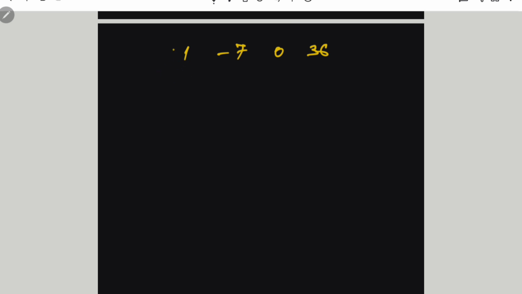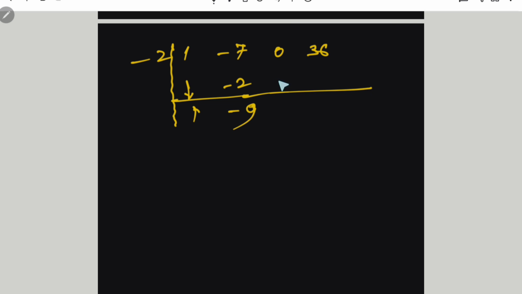Therefore, I will go directly for minus 2, suppose. 1 as it is, no change. 1 into minus 2 we get minus 2, therefore the sum is minus 9. Minus 9 into minus 2 we get plus 18. The sum is 18. 18 plus 36 with minus sign, minus 36. The sum is 0.